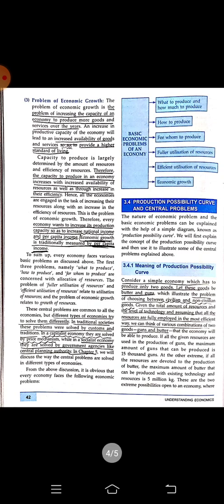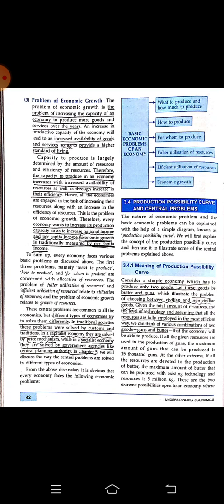Next, the problem of economic growth. The problem of increasing the capacity of an economy to produce more goods and services over the years. An increase in productive capacity of the economy will lead to an increased availability of goods and services, which will provide a higher standard of living.